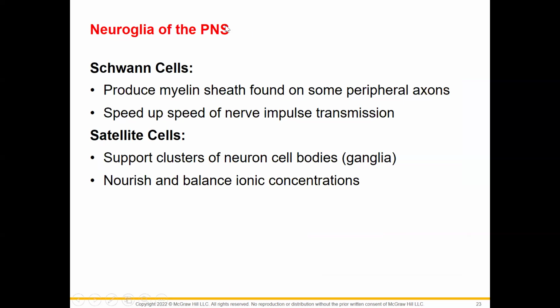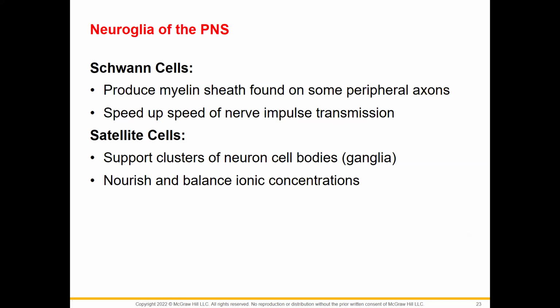In the peripheral nervous system, you have two different neuroglial cells. You have your Schwann cell. Schwann cell is the cell that actually produces the myelin sheath in the peripheral axons instead of in the central axons. Schwann cells can also speed up nerve impulse transmission.